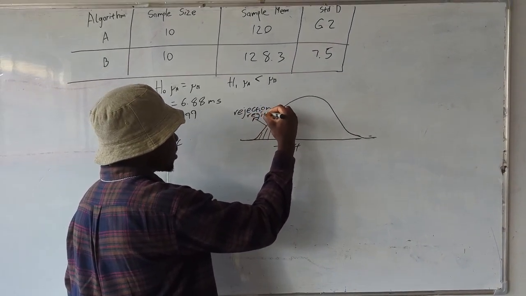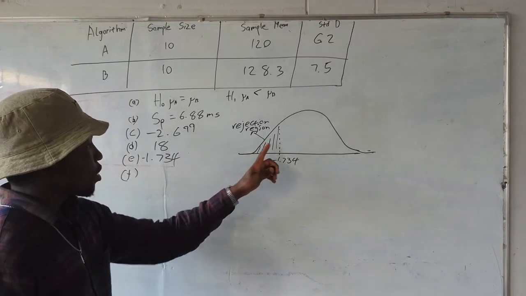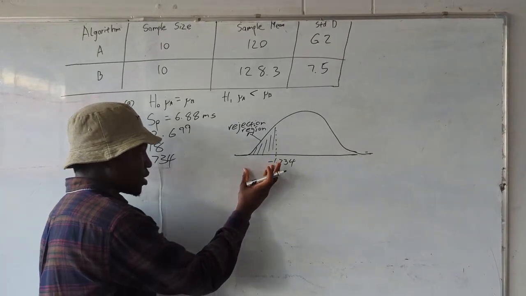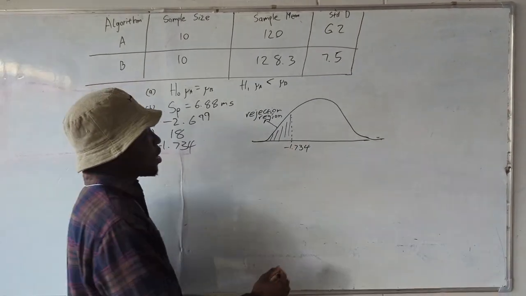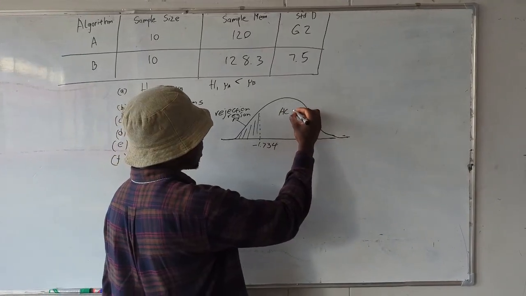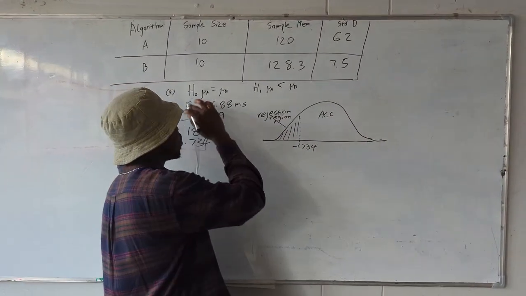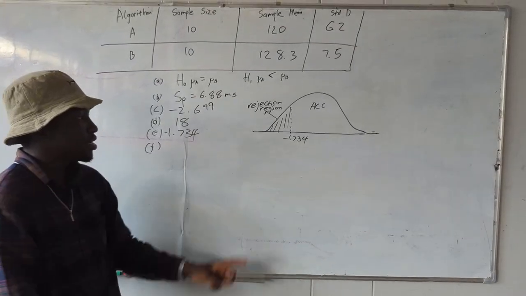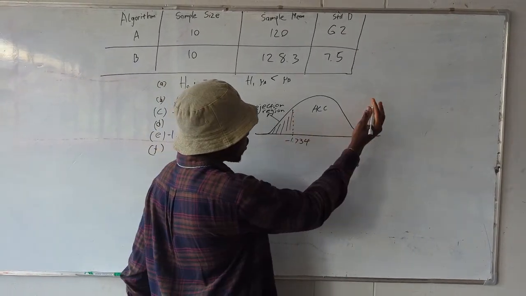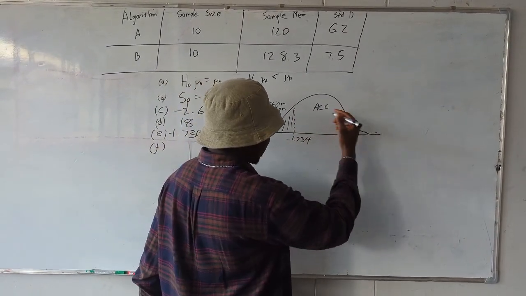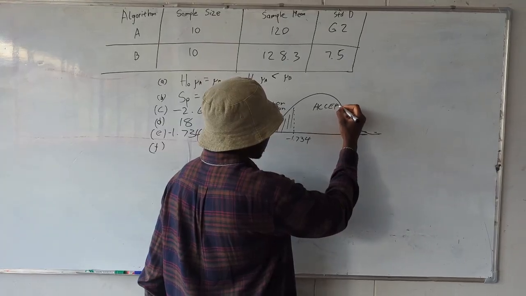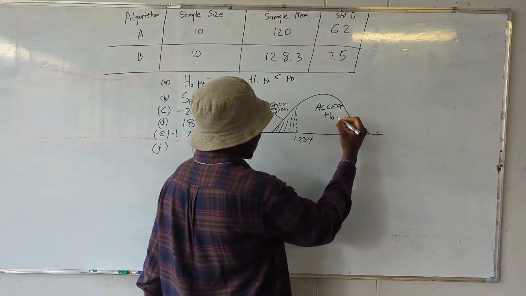If our calculated statistic falls below this, we reject H0, the null hypothesis; in this region going right, we accept our null hypothesis.